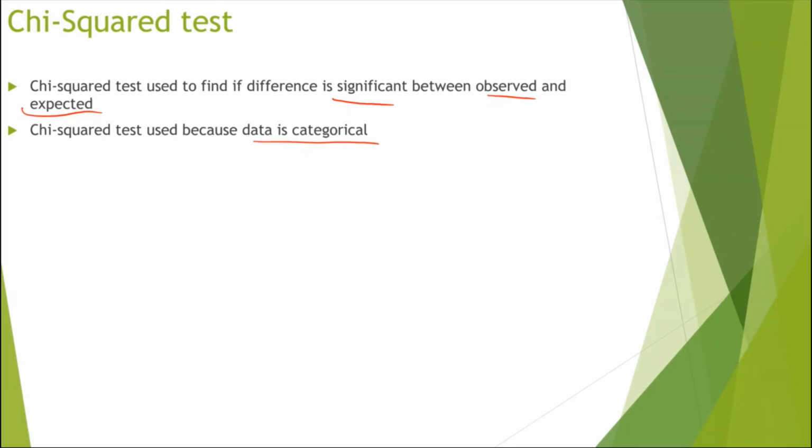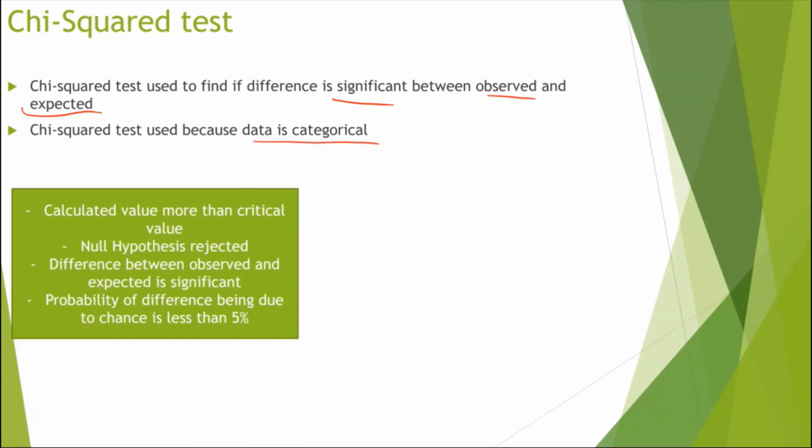Now let's say you've got your calculated value and you've got your critical value. Then there are 2 ways of going from here. If the calculated value is more than the critical value, then you would reject the null hypothesis and state that the difference between the observed and the expected is significant, and that the probability of the difference being due to chance is less than 5%.